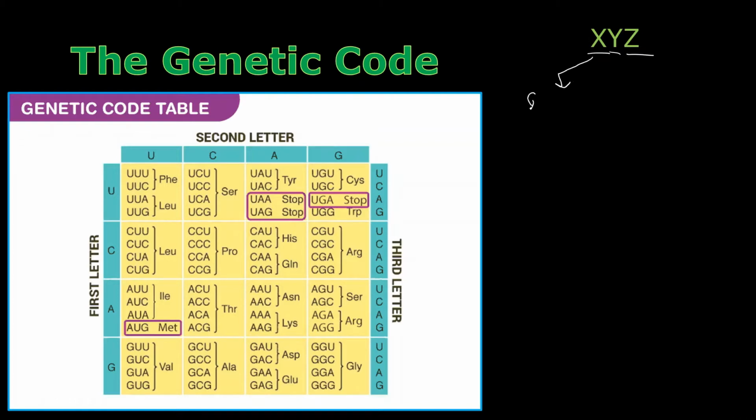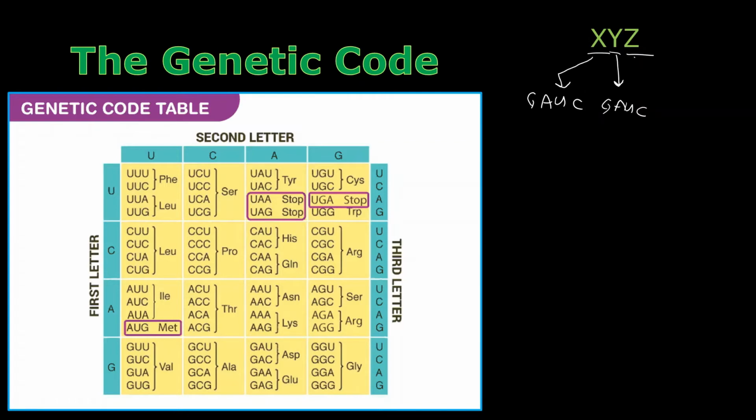It could be a G, an A, a U, or a C, right? Because we're talking RNA bases, 1 of 4. The middle base in the codon could be a G, an A, a U, or a C. That's our only options.